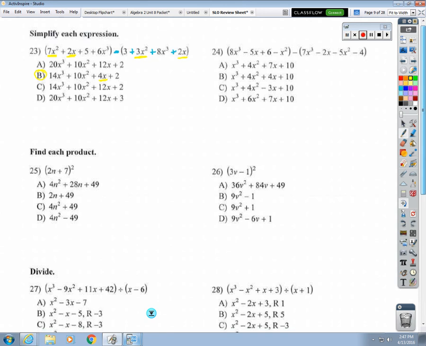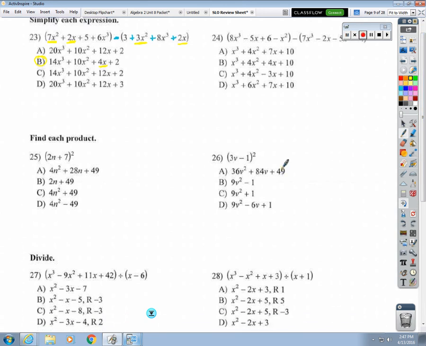Okay, number 25. Find each product. What does product mean? Multiply. Well, what does that mean below it when it says 2n plus 7 squared? There's 2 of those. So instead of writing the squared, we can just write it twice. Now when you see to multiply a binomial and a binomial, what method pops in your head?